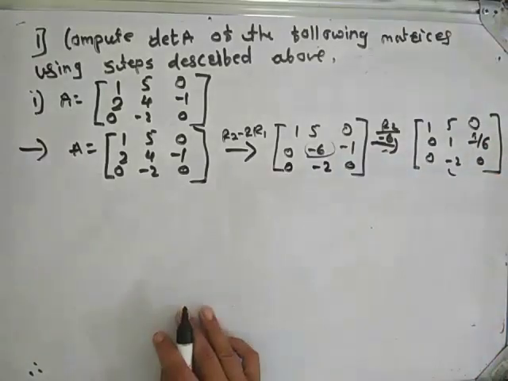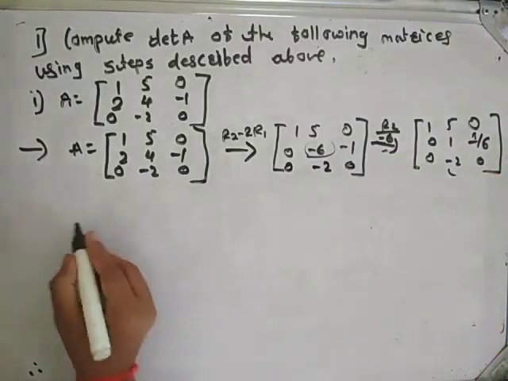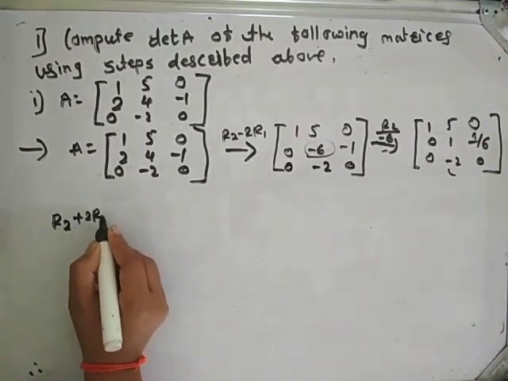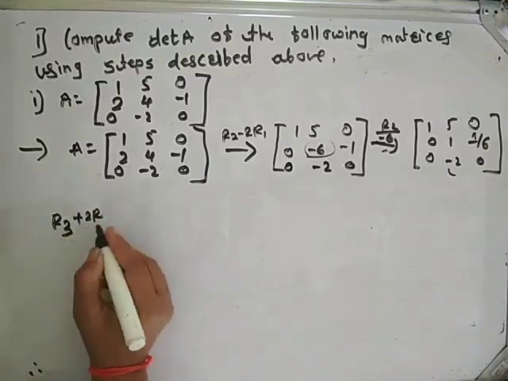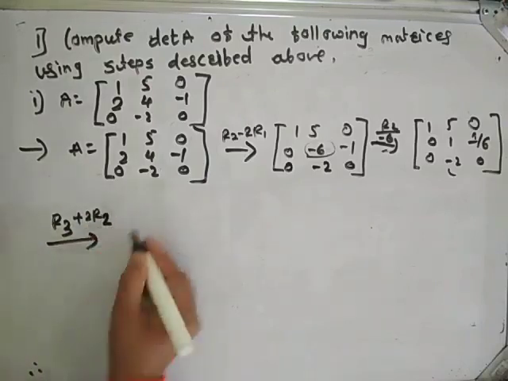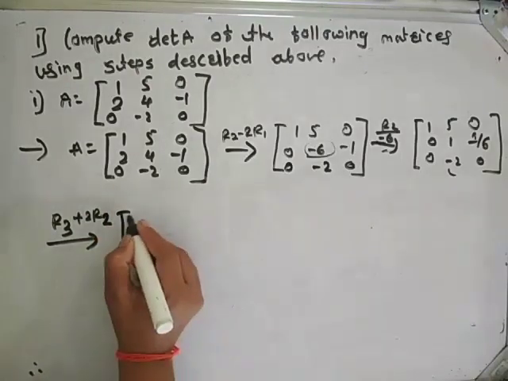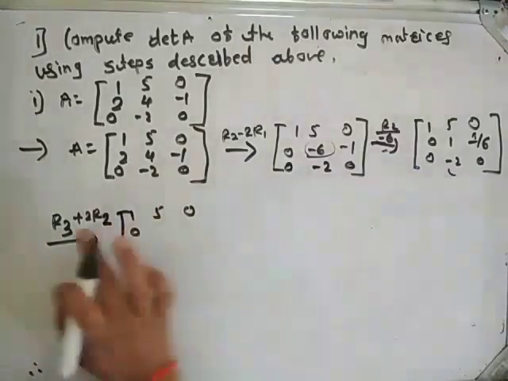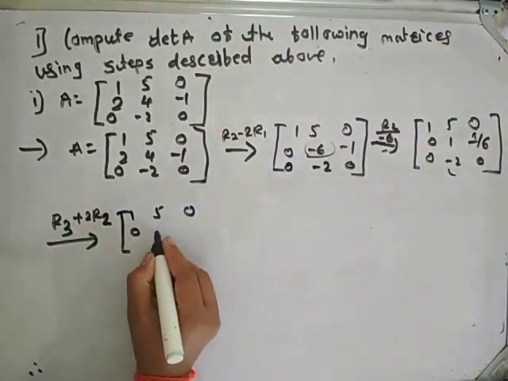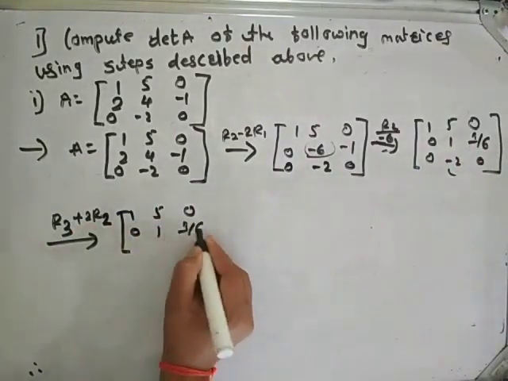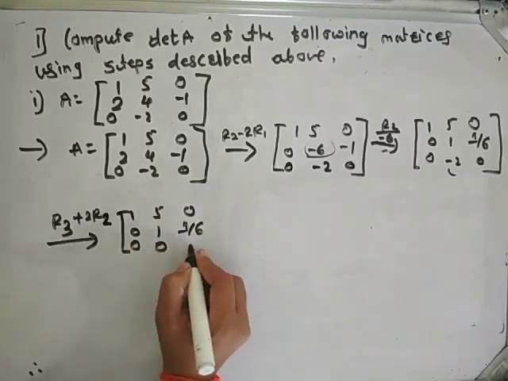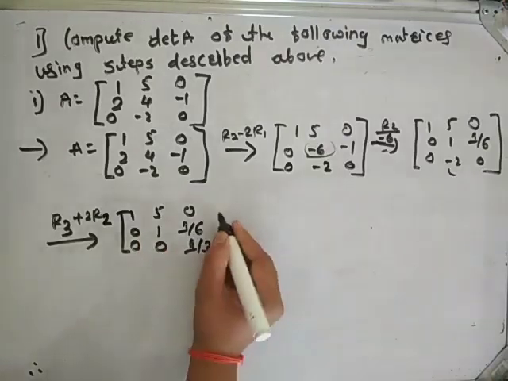Here we require 0, so we will perform a row operation R3 plus 2 into R2. So we will get matrix 1 5 0 0, R3 is -2 plus 2 is 0, 0 plus 2/6 is 1/3.